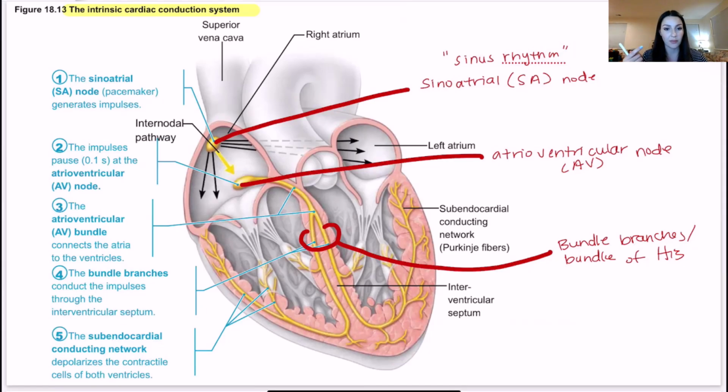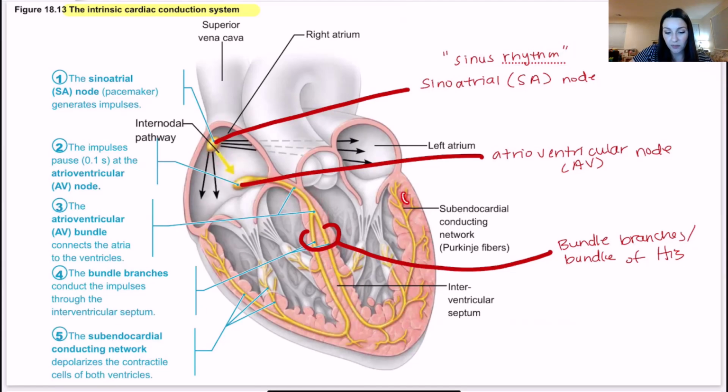That's kind of how I think about this intrinsic conduction system: the impulse travels down the heart, into the walls, all the things. The last part: from the SA node, we travel to the AV node, we go down through the bundle branches or the bundle of His, and then we go to all these fibers.